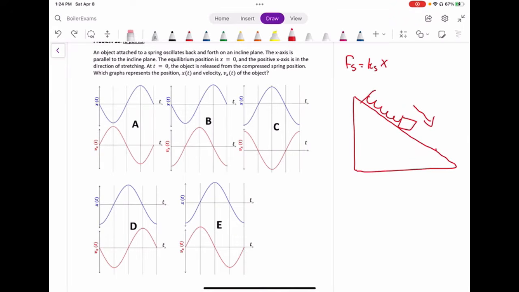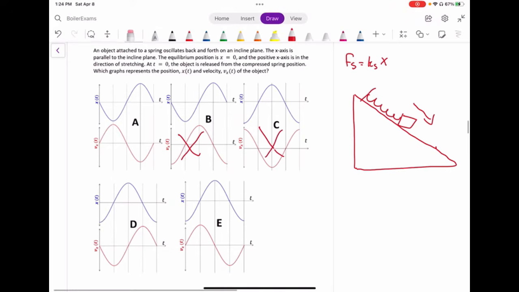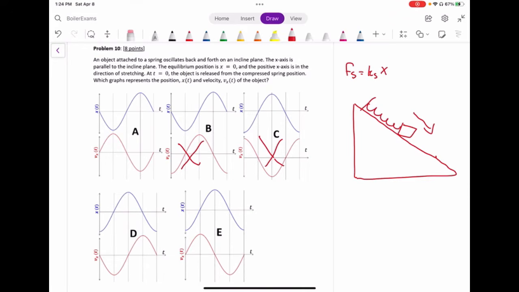I know initially it's going to have a velocity of 0. Let's do some process of elimination. Initially it's got to have a velocity of 0. No. The other three have starting velocities of 0, and it's going to accelerate with positive velocity. So no.